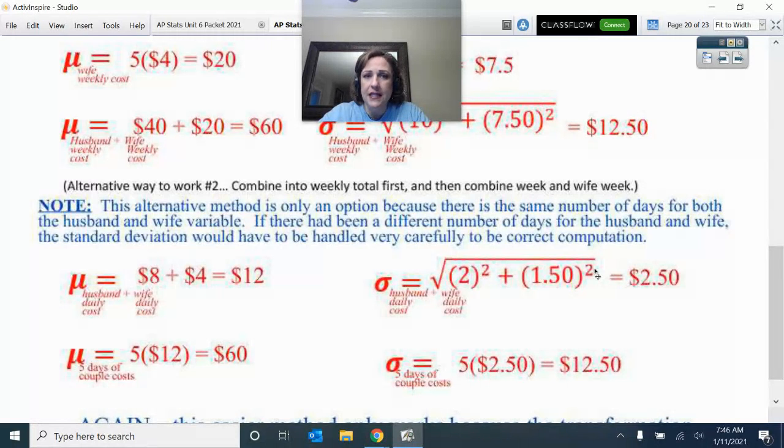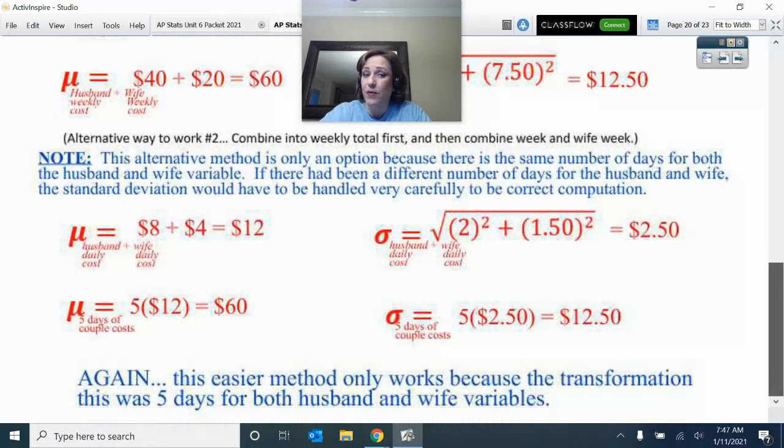The only reason this works is because the husband's transformation was 5 days and the wife's transformation was 5 days. So the reason that it happened to work if you combined first and then transformed was because the transformation was the same for both of them. If it's not the same for both of them, then you need to do the other way.